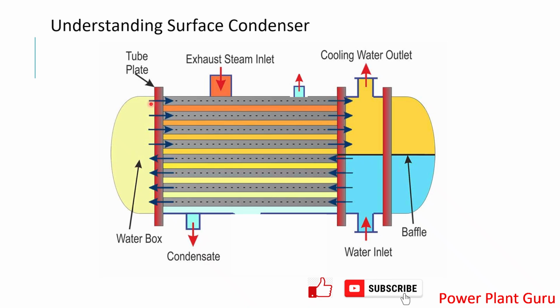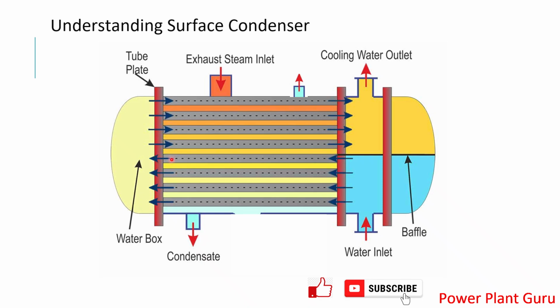So there are half of the tubes where this water will go like this, and again it will travel to the other side of the condenser where you have the cooling water outlet section, and there it is connected to your cooling water return piping. Whatever hot gases are coming, first they interact with the relatively hot water side, because here will be the colder temperature of cooling water.